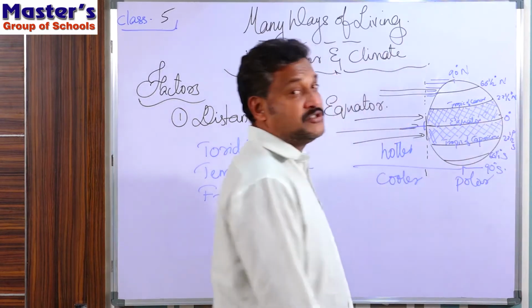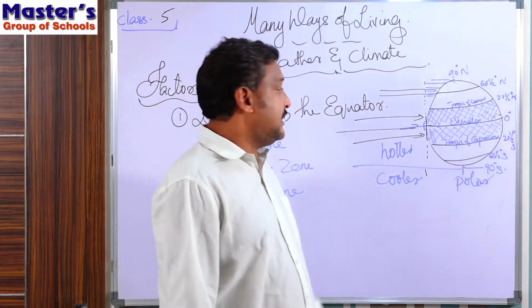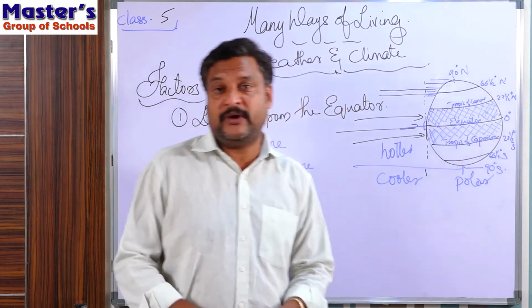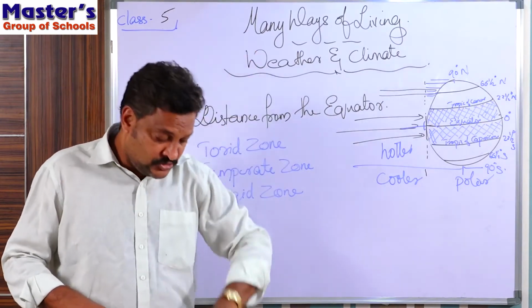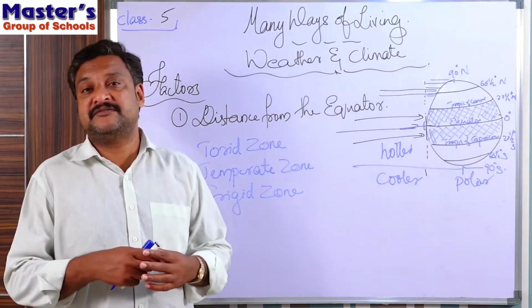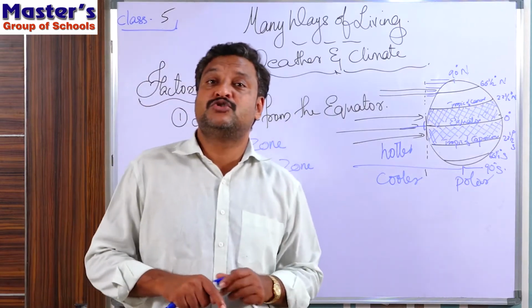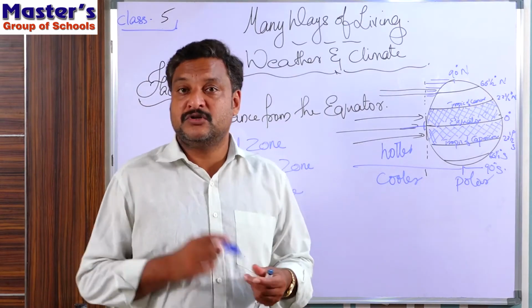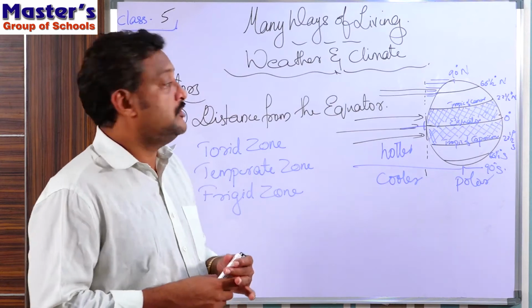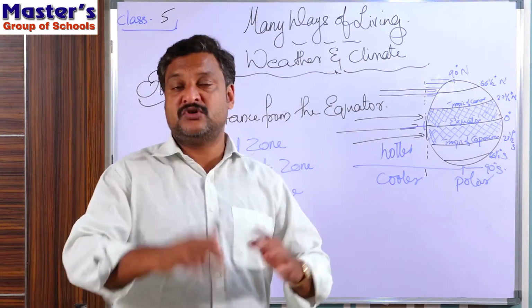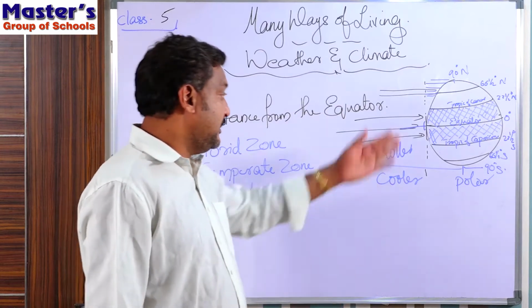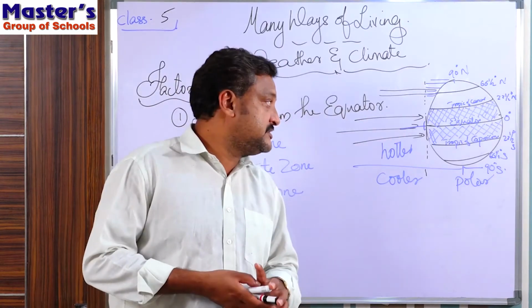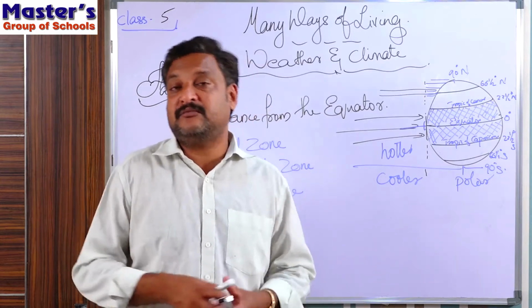Okay, so what is a torrid zone? The areas on either sides of equator up to Tropic of Cancer in the northern hemisphere and the Tropic of Capricorn in the southern hemisphere is known as the torrid zone. The torrid zone is the hottest zone on the surface of Earth. It lies around the equator. This region receives the sunlight directly from the sun.